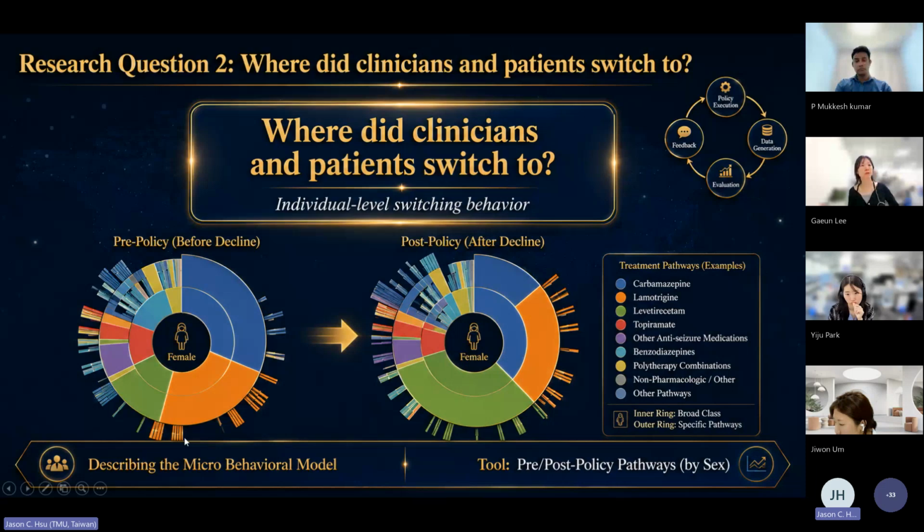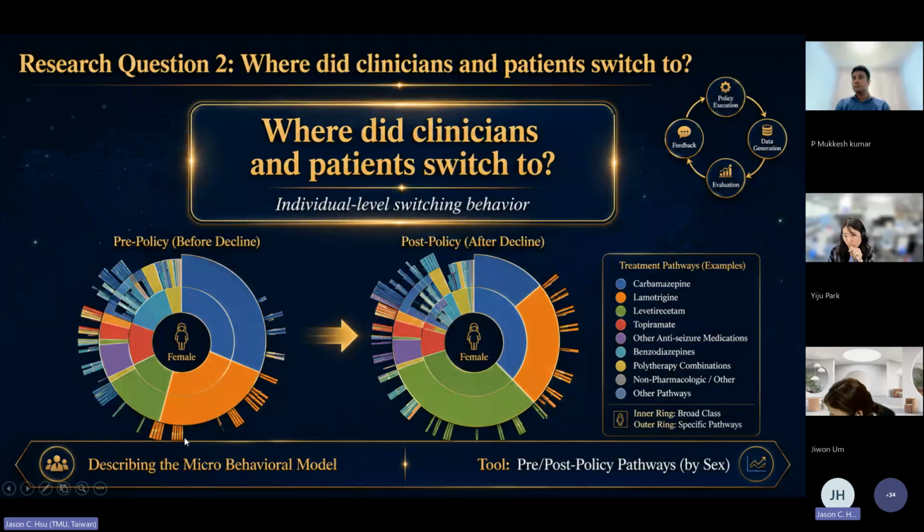In this sunburst plot, the inner ring represents the broader drug classes used in the early stage, and the outer ring represents the specific medication pathways. Maybe we'll have different labels on different rings to show the results.